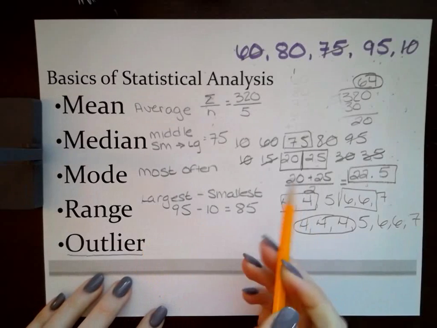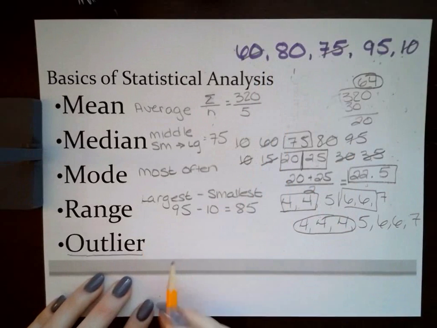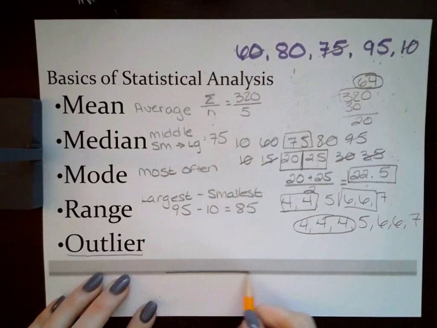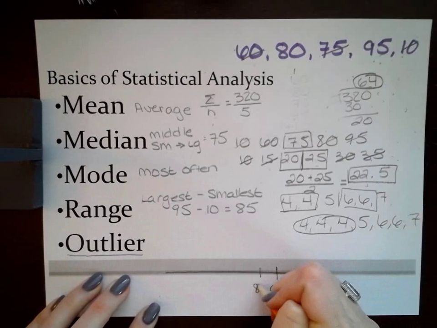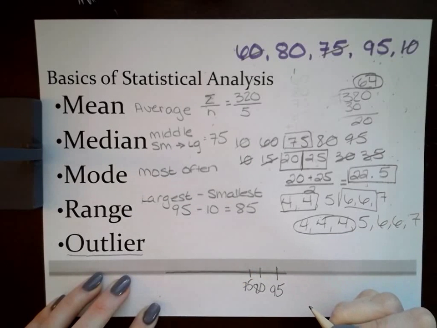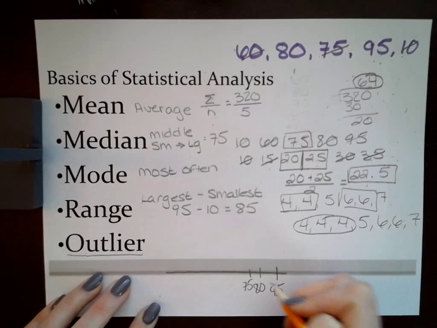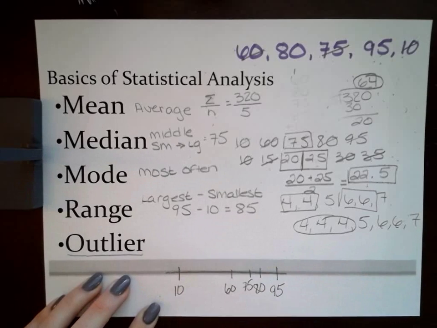So if we look at the data that we originally had and we plot it on a number line, you think, well, I could say 95 is approximately here, and we have 80. 75 is pretty close. We have 60, and then 10 is all the way down here.